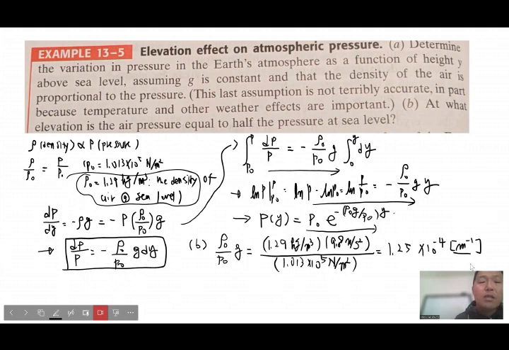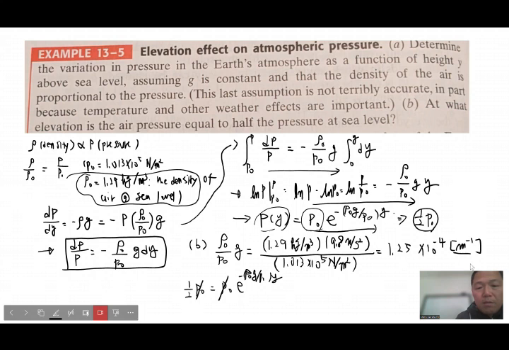Now the condition is: at what elevation is the air pressure equal to half of the pressure at sea level? So the pressure P becomes half of the pressure at sea level. P should be one half P naught. You plug that in, so one half P naught equals P naught times the exponential of minus rho naught g over P naught times y.